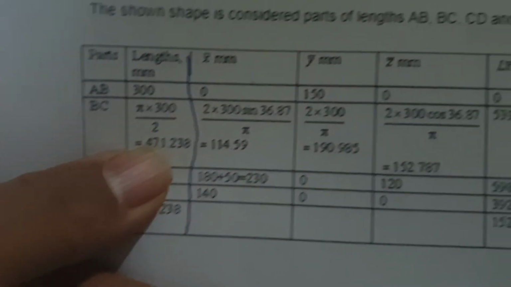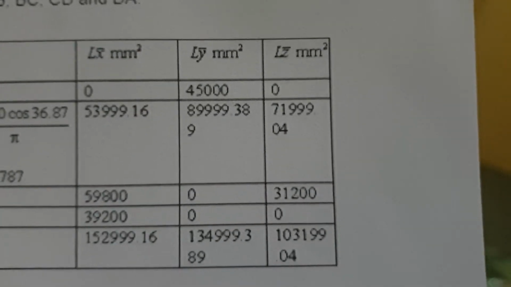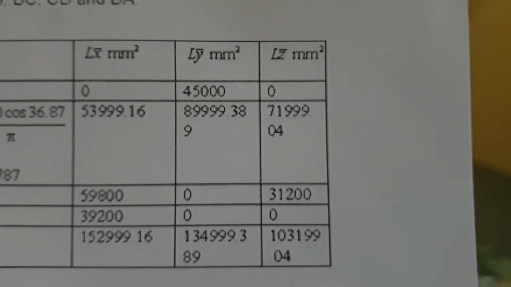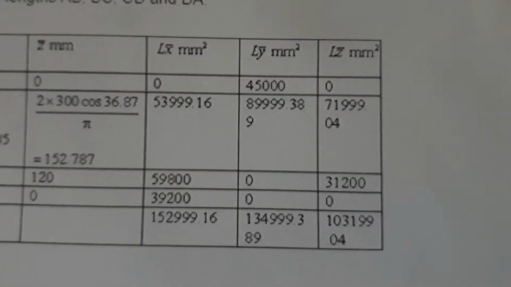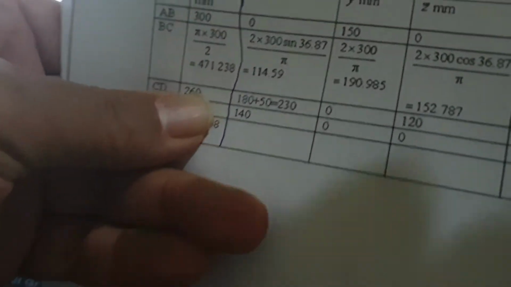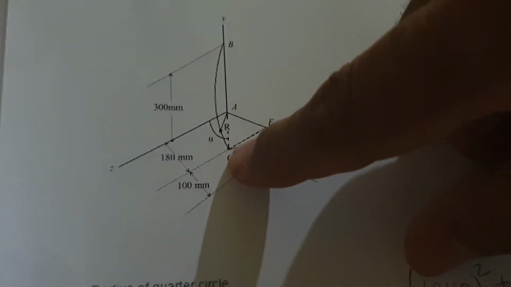Length times Z bar, and this is equal to 71,999.04. These are all in millimeters. Now, what is next? We found AB. We found BC. Now let's find CD.